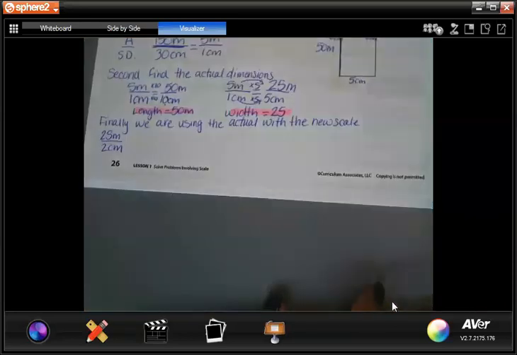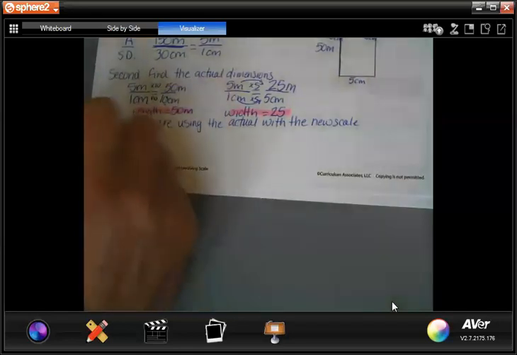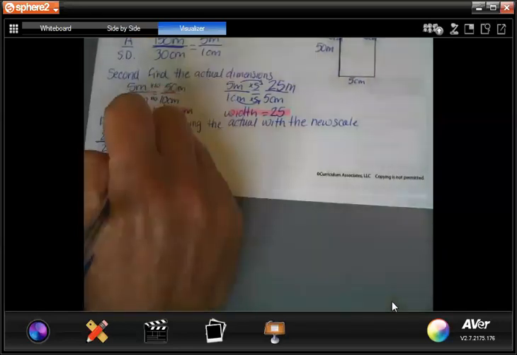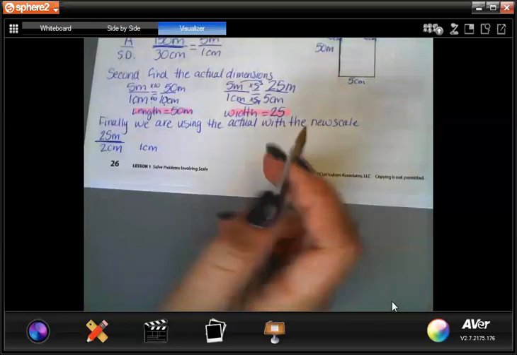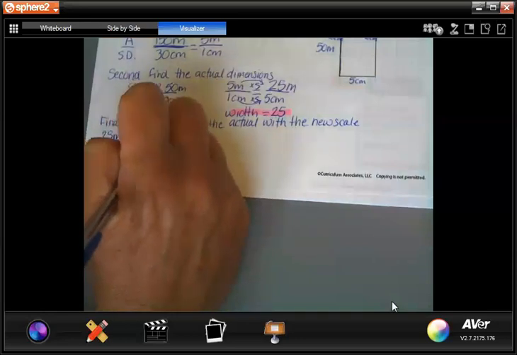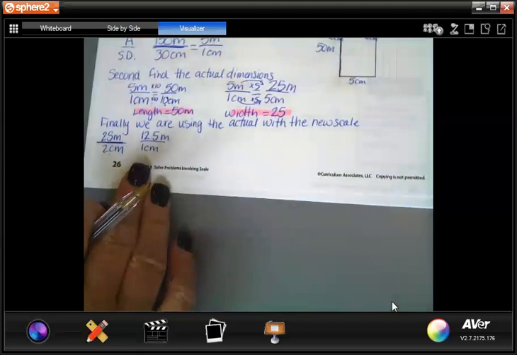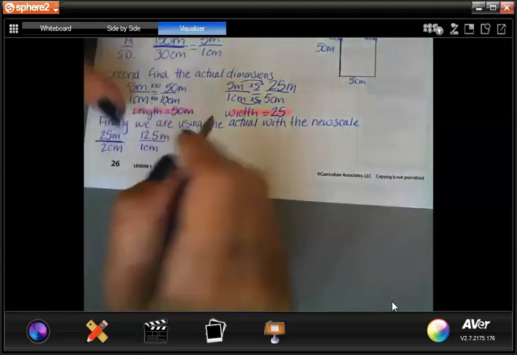No thanks. I always want you to have a 1 on the bottom. Trust me, it will help you. So we want to get this so it has a 1 on the bottom. What you have to do is divide 25 divided by 2. And so here's your scale. Here's your scale factor right there.